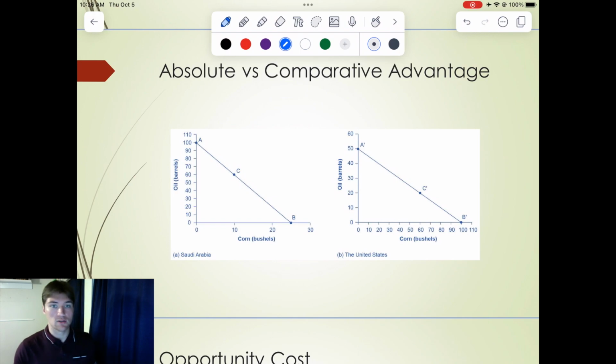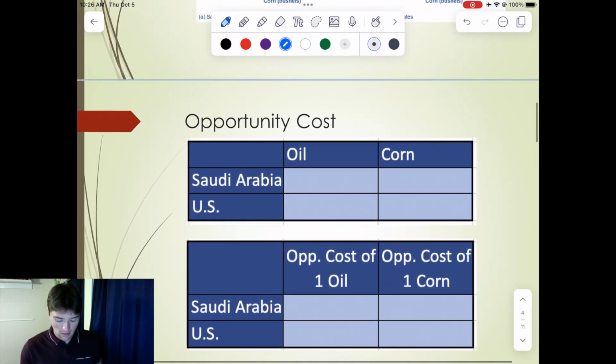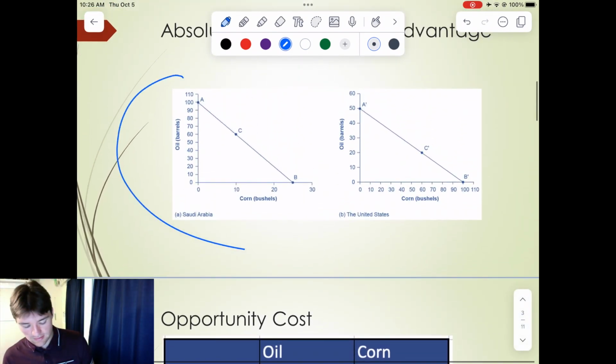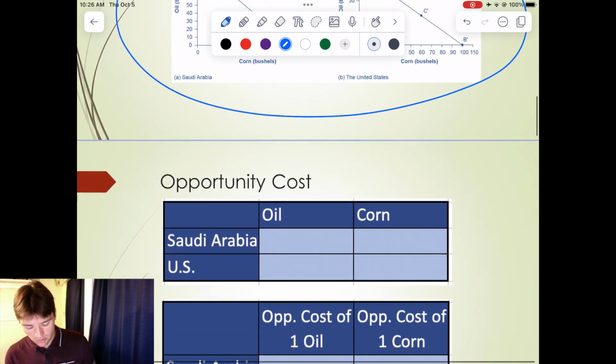So whether we're talking about countries or people, the idea is the same. So we have this graph for the PPFs to really show you how much they're able to make. The best course of action here is you're going to take this information and you're going to put it on this chart right here.